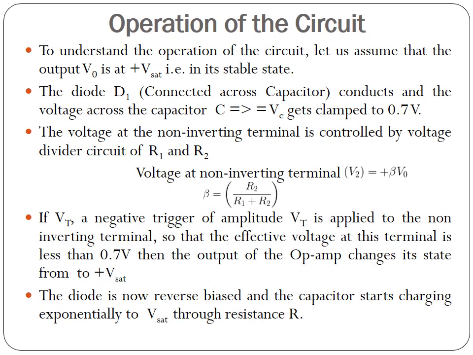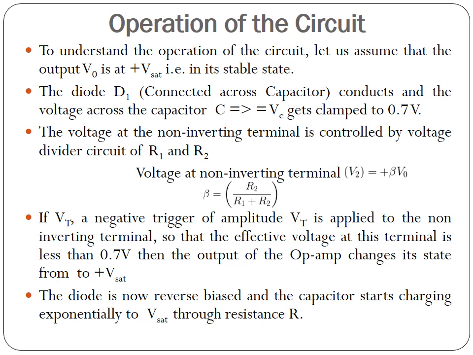So next, operation of the circuit. To understand the operation of the circuit, let us assume that the output V0 is at positive saturation voltage, that is, in its stable state. The diode D1 conducts and the voltage across the capacitor gets clamped to 0.7 volt.